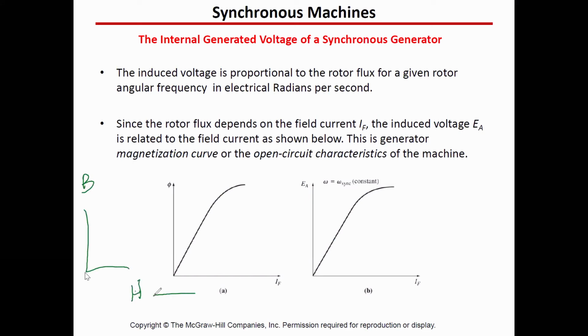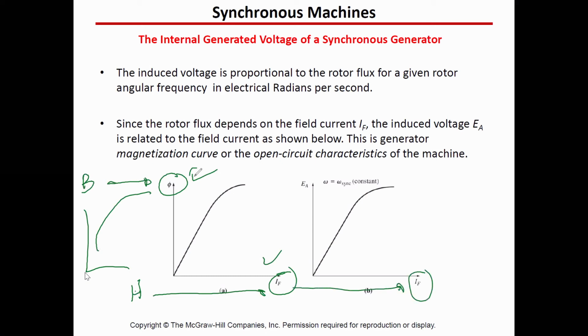But also H is more linked to IF and B is more linked to the flux. So we can see that if we draw the curve between flux and IF, the behavior will be the same as BH, which is nonlinear, right? The flux is also more linked to the voltage. So if we draw the relation between IF and the voltage EA, it's also going to be the same behavior as the BH case. So it's between the current IF and the voltage here, not between the current and the current. You get my point? Yes, yes.